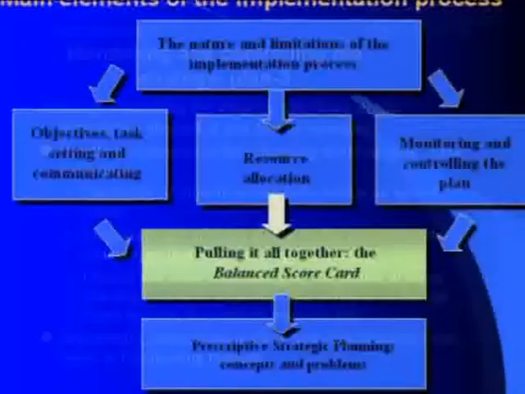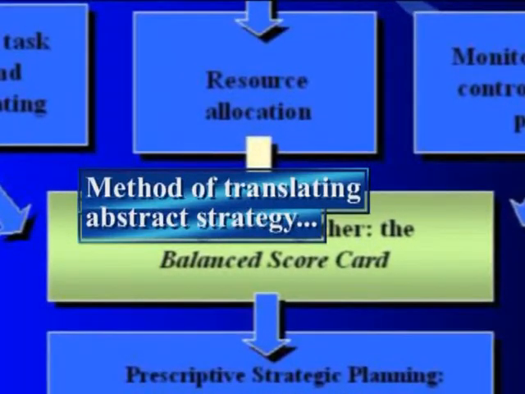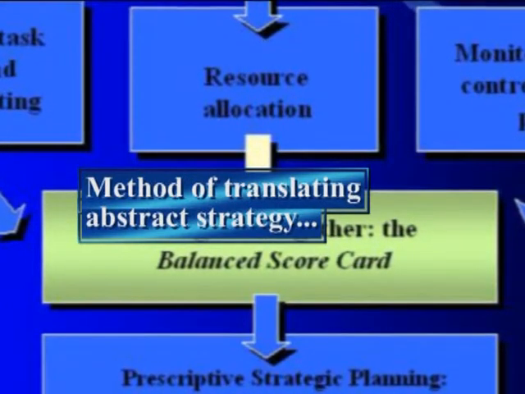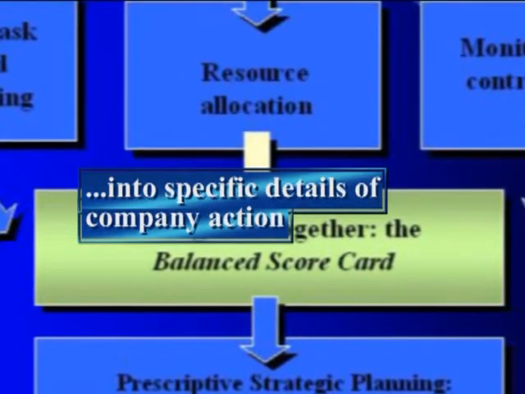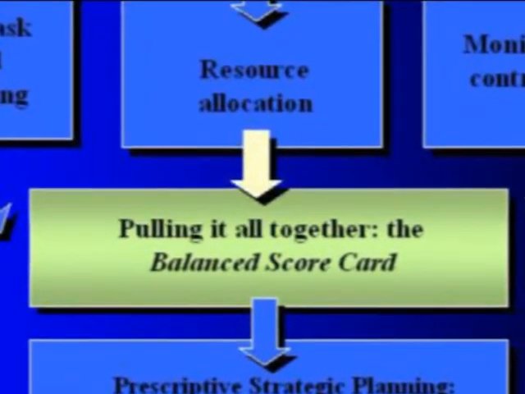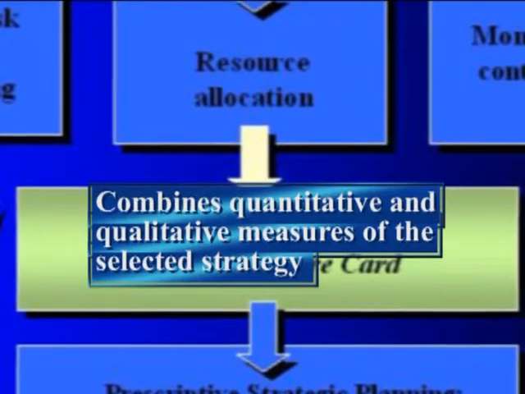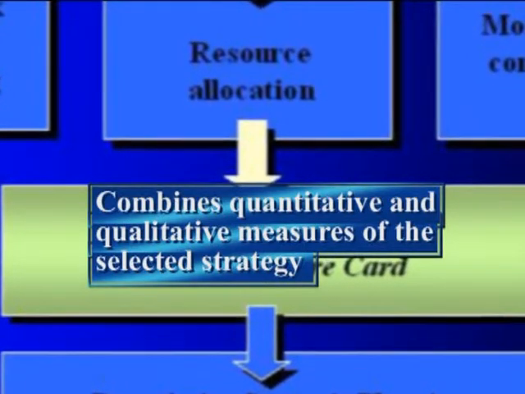Turning to the balanced scorecard, this was developed as a method of translating abstract strategy from a company or an organisation in the public sector into specific details of company action to help the strategy to work. The balanced scorecard combines quantitative and qualitative measures of the selected strategy.